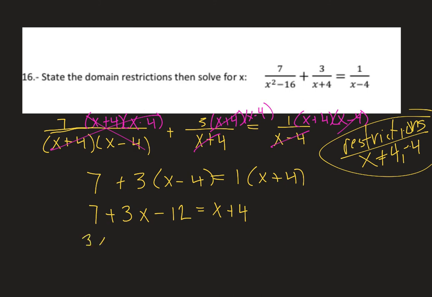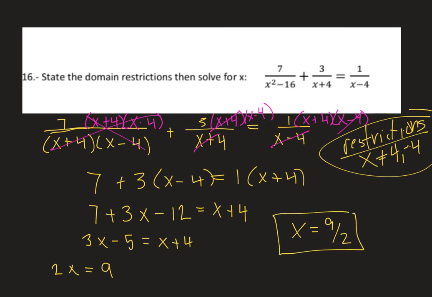So that's 3x minus 5 equals x plus 4, which gives us 2x equals 9. So x equals 9 halves. 9 halves is not one of the restrictions, so it is our solution. And that's all you need to do. Just make sure you have the restrictions on there and the solution.